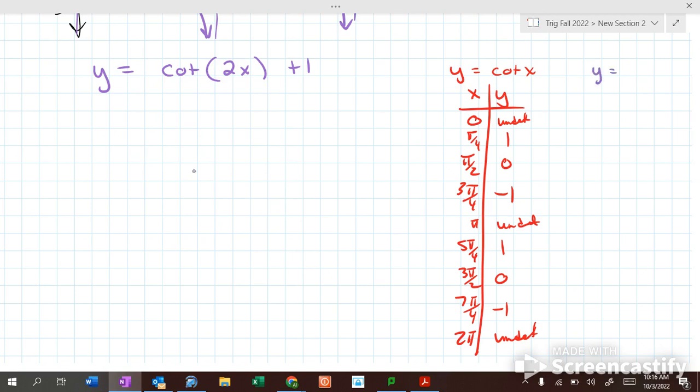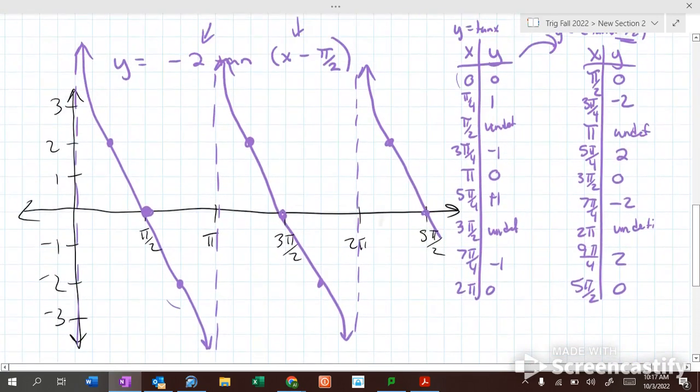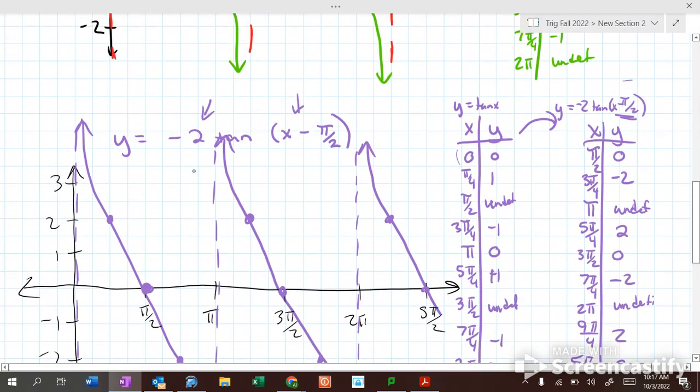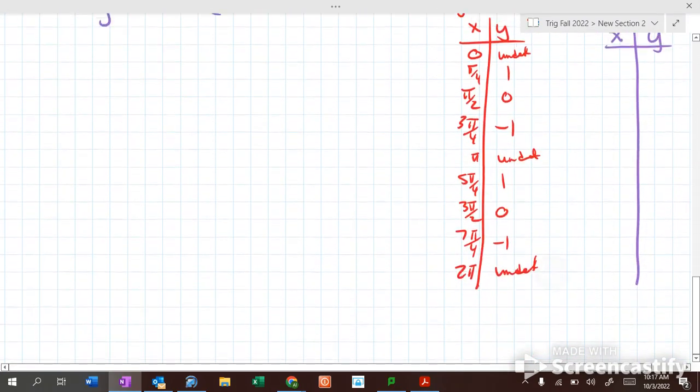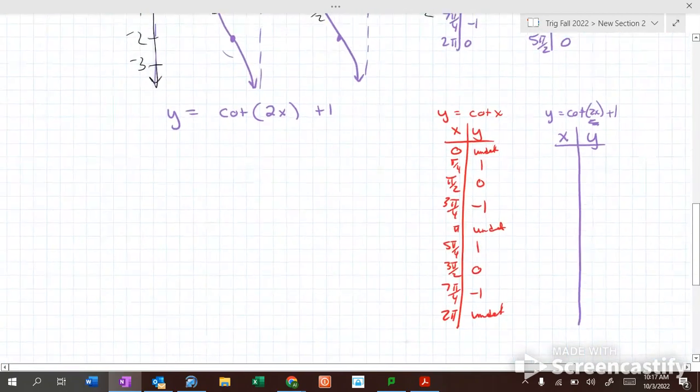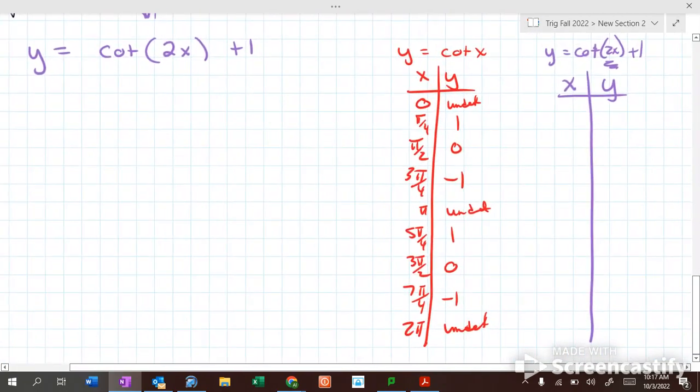So y equals cotangent of 2x plus 1. Okay, what does the 2 affect in this? The x or the y? The x. Because it deals with period, the 2 is making it shrink down. So whatever happens on the inside of the parentheses affects the x. Whatever happens on the outside of the parentheses affects the y.